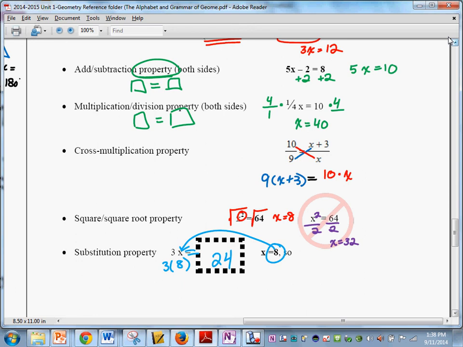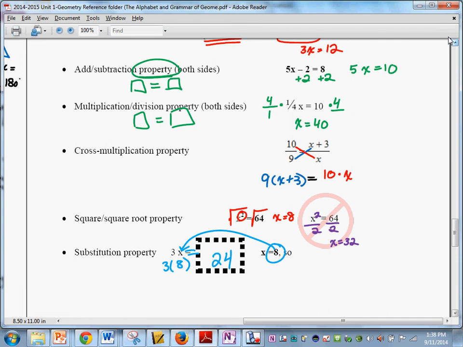The no-no here, if you have x squared equals 64, you do not divide by 2. This 2 does not cancel that 2, because that's an exponent. Okay. Last one, if I have 3x equals blank, and over here I tell you x equals 8, I can take out the x, put in 8, and I get 24. What's that called? Say it. Substitution property. Okay, so keep this right under your nose. You're going to need it.